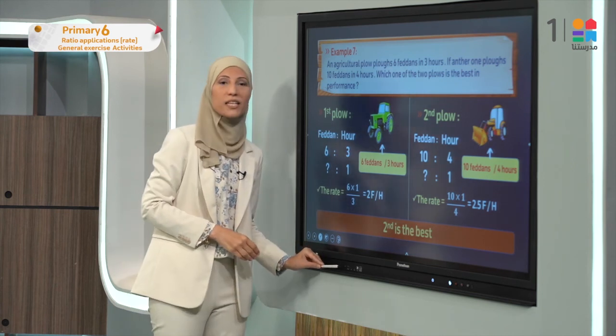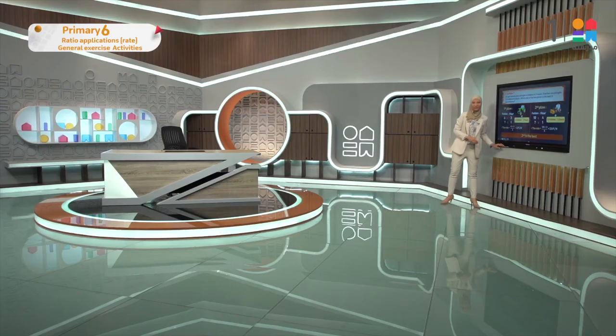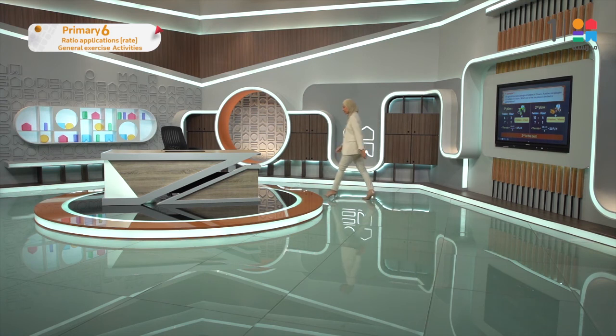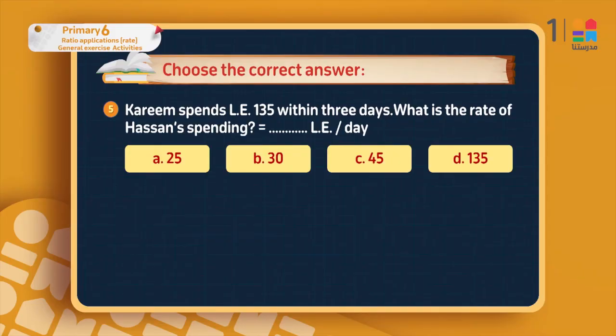Okay, let's complete our lesson. Here I have an exercise. It tells me to choose the correct answer. Karim spent £135 within 3 days. What is the rate of Karim spending LE per day?